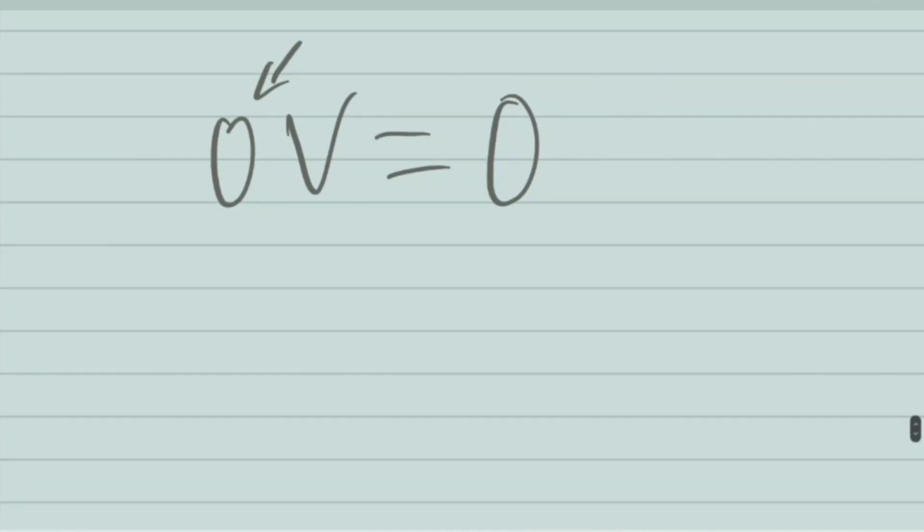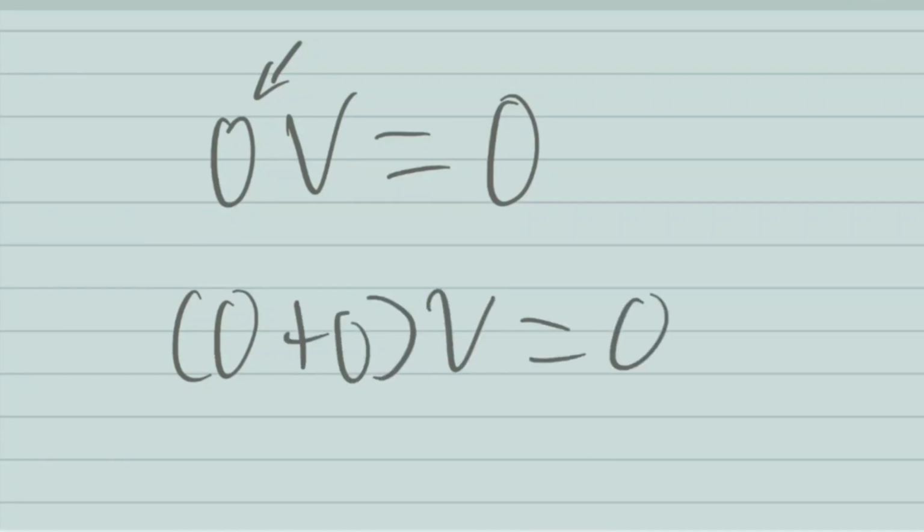We have to use the distributive property for this one because it connects scalar multiplication to vector addition. So let's just say our scalar 0 is equal to 0 plus 0 multiplied by our vector.